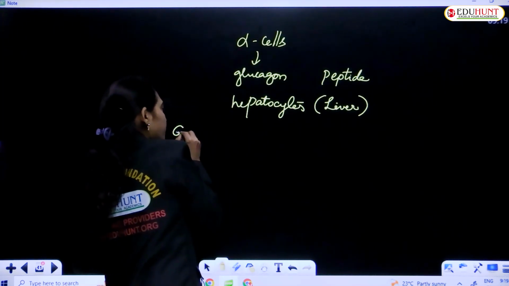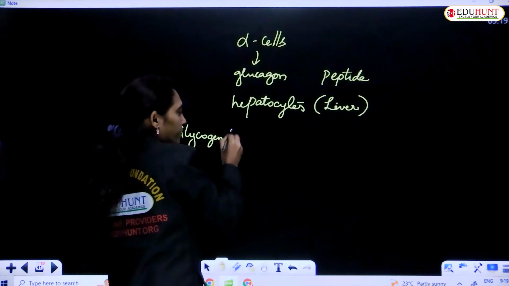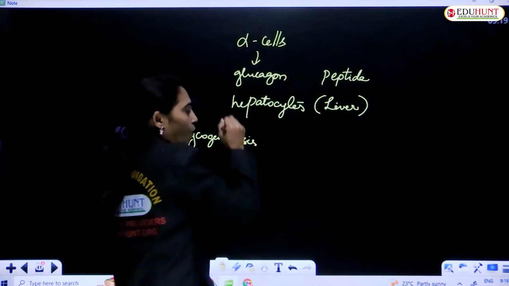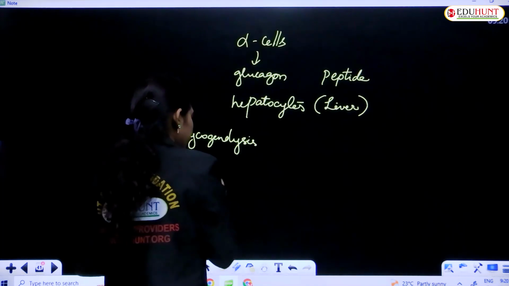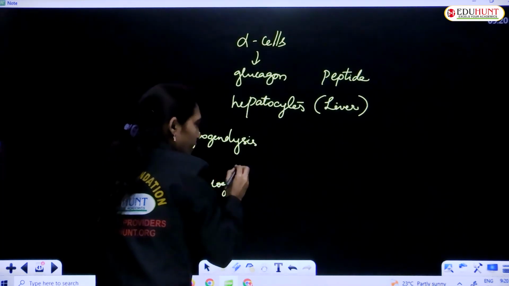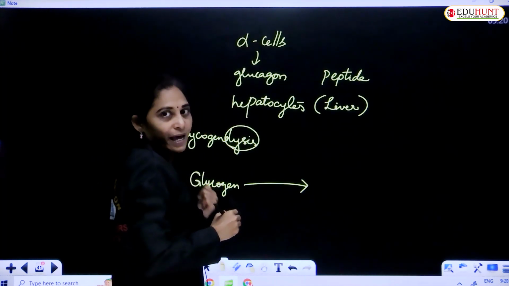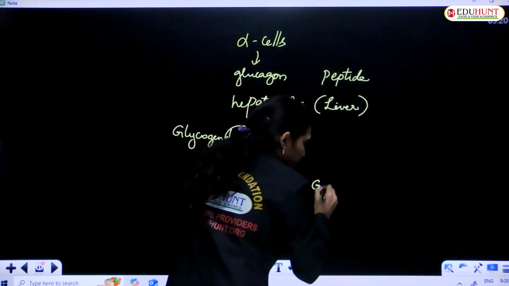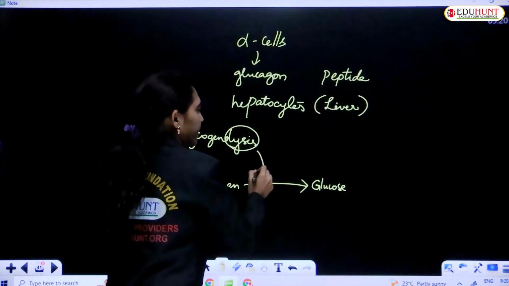glycogenolysis. What is meant by glycogenolysis? Glycogenolysis is nothing but the breakdown of glycogen. Lysis means breakdown. So, breakdown of glycogen into glucose is called glycogenolysis.